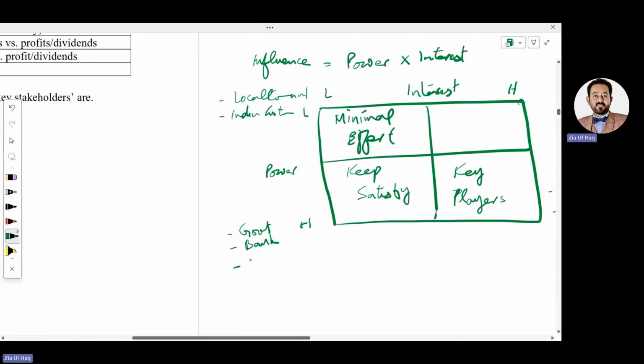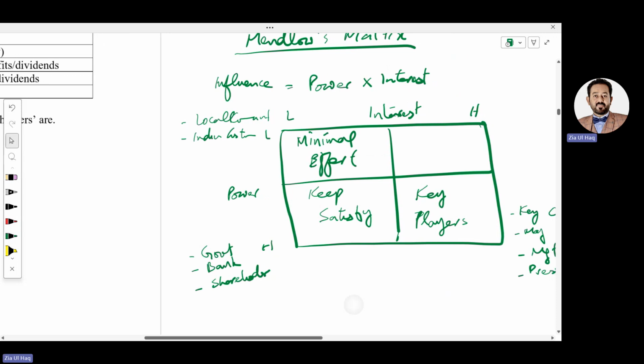Minority shareholder, not a major. Minority shareholder who have just invested money for taking a return. You need to keep them satisfied. You need to pay tax to the government. You need to comply with the law and regulation. You need to pay loan and interest to the bank. You need to pay return to the shareholder so that they should be satisfied in their box.